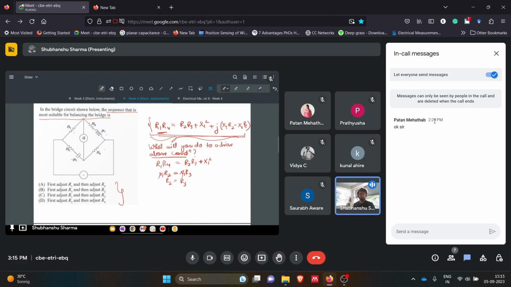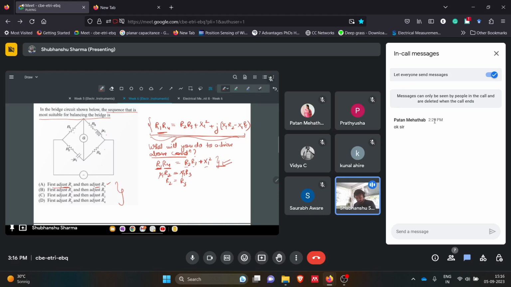So let's go one by one. Let's see the first option. It is saying first adjust R1. Adjusting R1 means you are doing something in this. They adjusted R1, got some value, and then adjusted R4. But we cannot say anything about R2, R3 or X1 in this case.